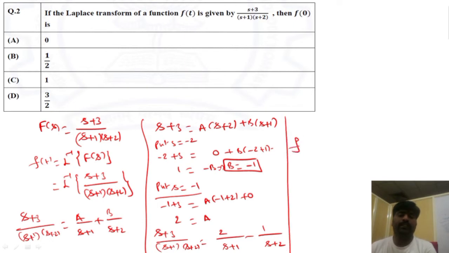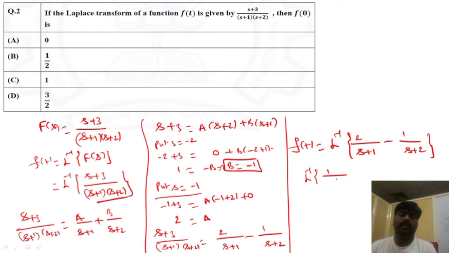So now f of t is the Laplace inverse of 2 by s plus 1 minus 1 by s plus 2. The Laplace inverse of 1 by s minus a is e power at, and of 1 by s plus a is e power minus at.